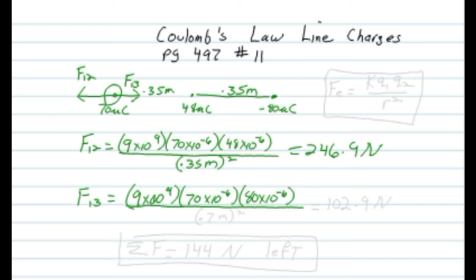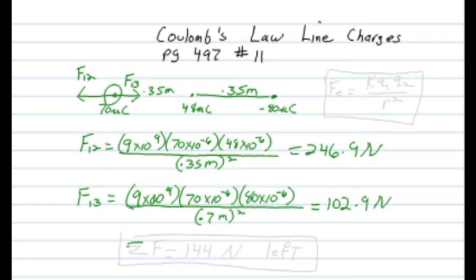The distance between the 70 and the negative 80 is 0.7 meters. Have to square that. So I have 9 times 10 to the 9th times 70 times 10 to the negative 6 times 80 times 10 to the negative 6. That's 50.4 divided by 0.7 squared. I get 102.9 newtons.